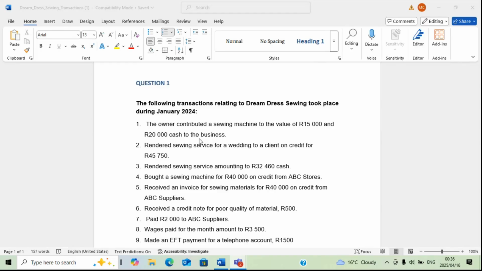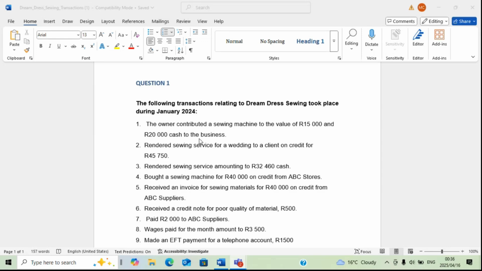So for number 1, because the owner is contributing some resources in the business, capital is one of the accounts affected in this transaction. Then we look at the resources that the owner has contributed. One is the machine, and the other resource is cash, is money, right?